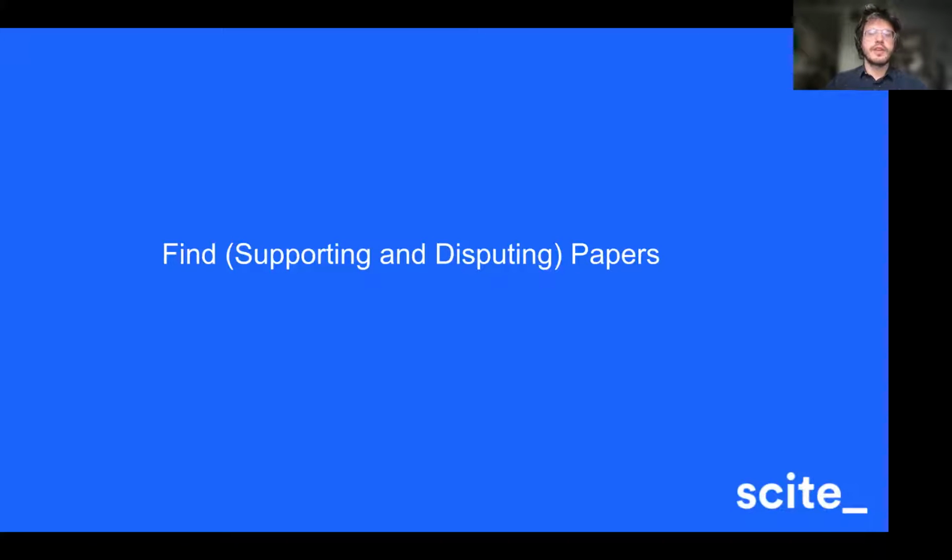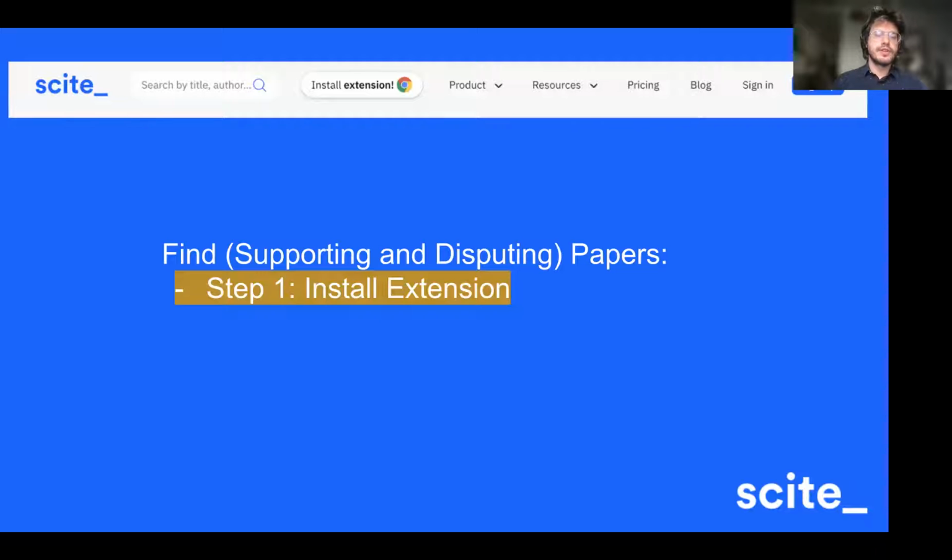So I'm going to go over the first core thing that people really get introduced to Scite for, which is this idea of supporting and disputing papers and how to find them. The first thing typically people do when they become Scite users is they install our browser extension, which works for Chrome, Safari, Firefox, Microsoft Edge.